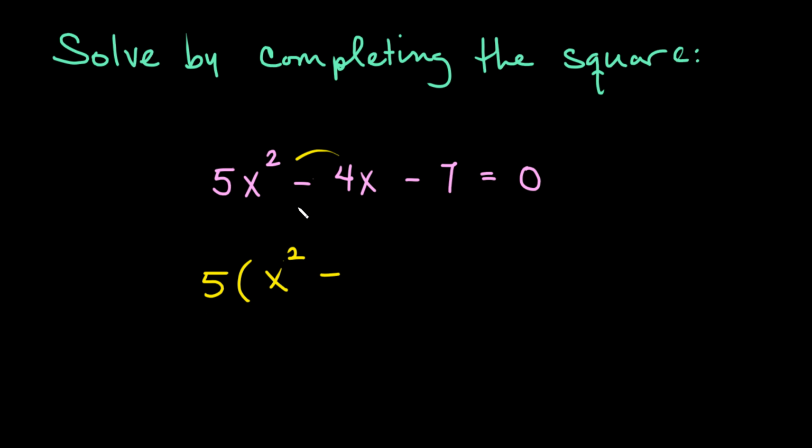So we have to do negative 4 over 5 here, x minus 7 over 5. Then we're going to complete the square on the parentheses.